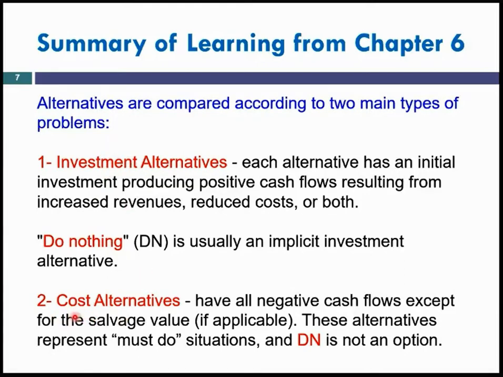And if the alternatives are cost alternatives, it means that all cash flows are negative. The only positive cash flow can be the salvage value, which appears at the end of the project lifetime. And these cost alternatives are usually must-do alternatives.